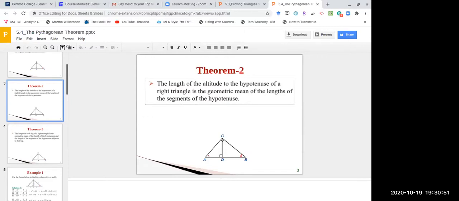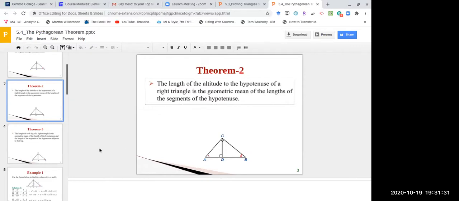And so the altitude CD to the hypotenuse AB, the length of the altitude to the hypotenuse is the geometric mean of the segments. So if you take the geometric mean of AD, as in David, and DB, the 2 at the bottom, it's related to the length of the altitude of the hypotenuse.